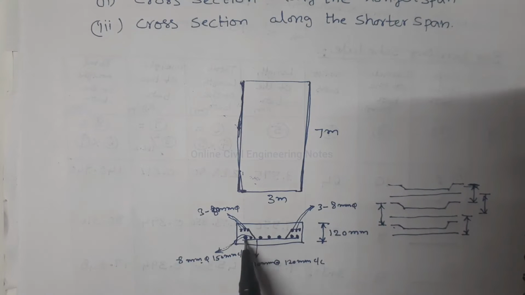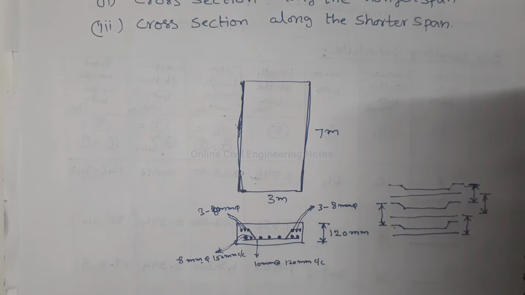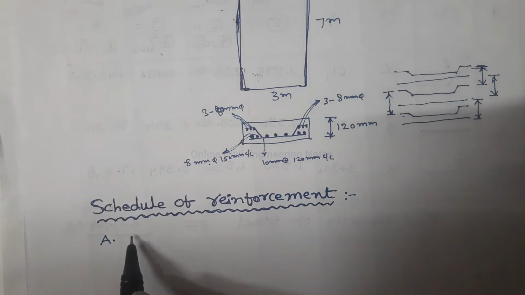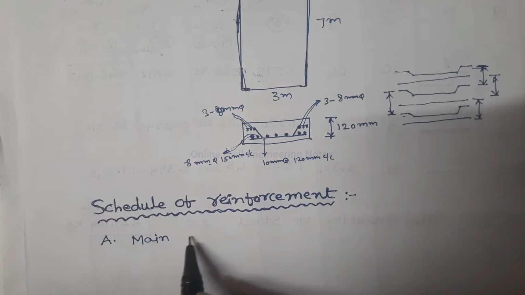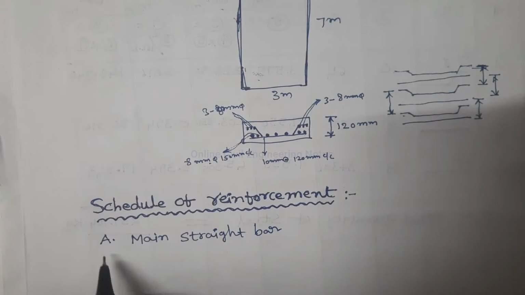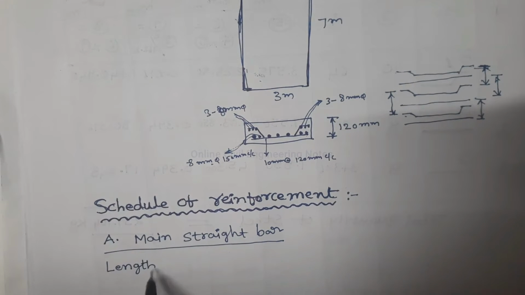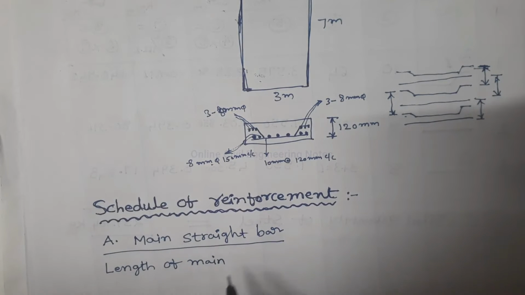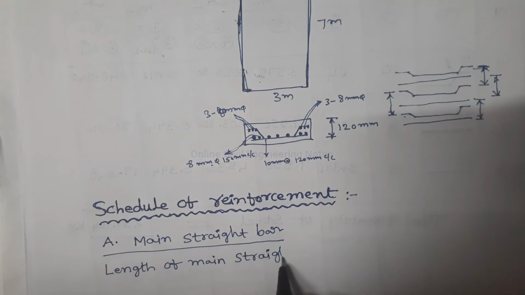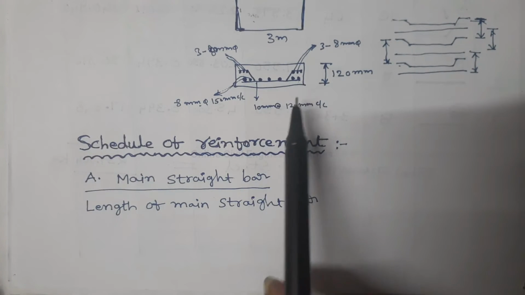Now calculate the length of main straight bar, length of cranked bar, length of distribution bars, length of hanger bars. So this bar is main straight bar, so length of main straight bar is provided in the shorter direction.